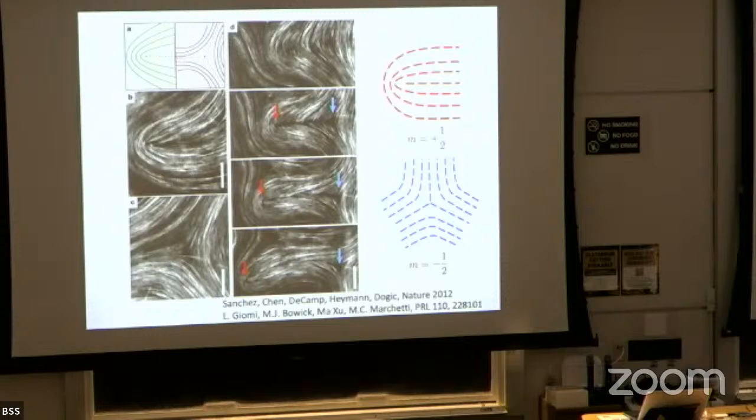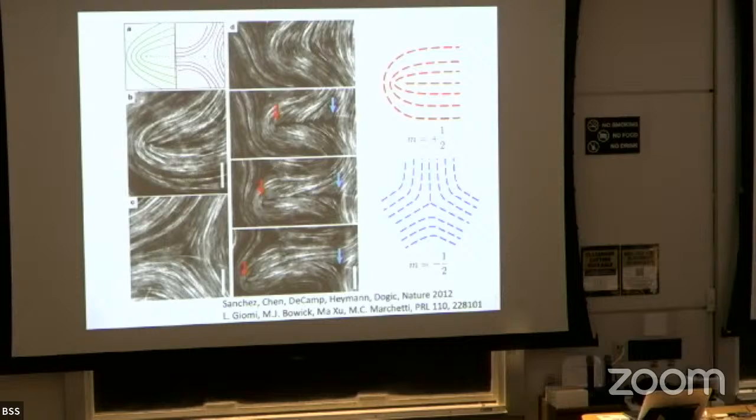Going back to experiments now. How are these defects formed in a real experimental system? This is the microtubule motor protein system. Microtubule bundles are these thread-like things you can see here.